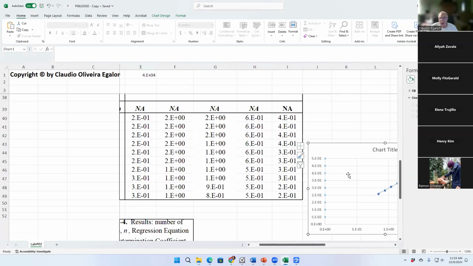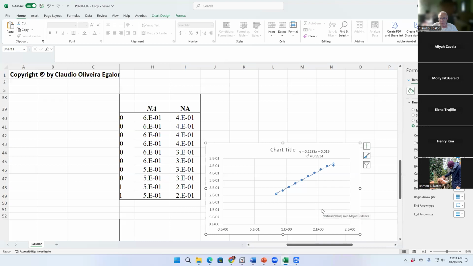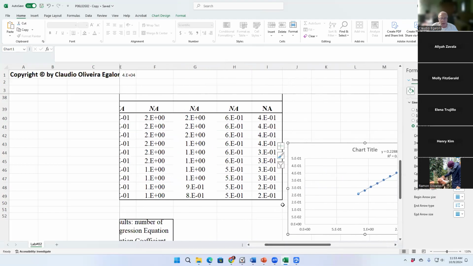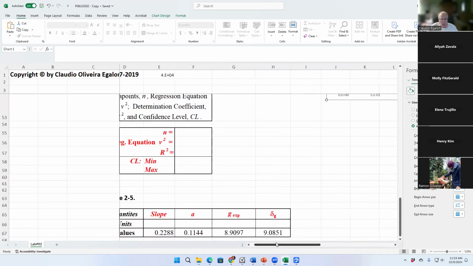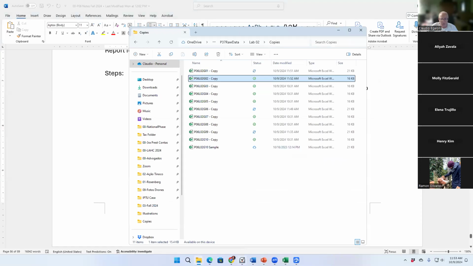Make sure you highlighted everything. What about you, Molly? Which slope did you get for this graph? I got 0.2288. Okay, and you're getting 9.051 for percentage difference.